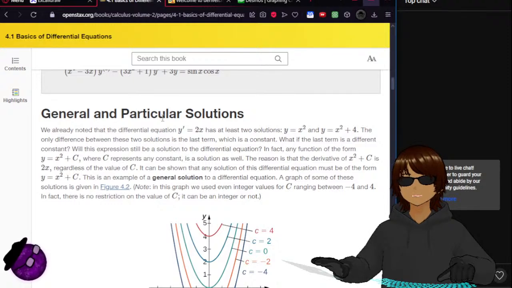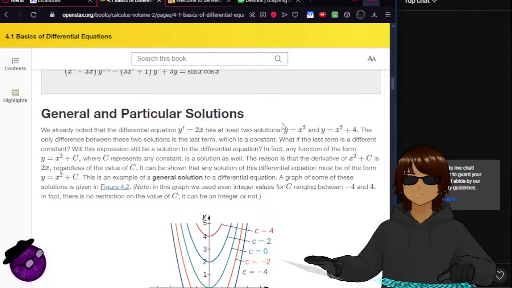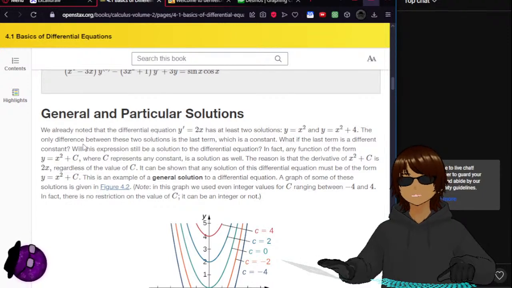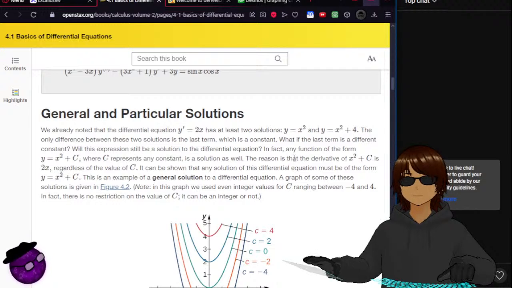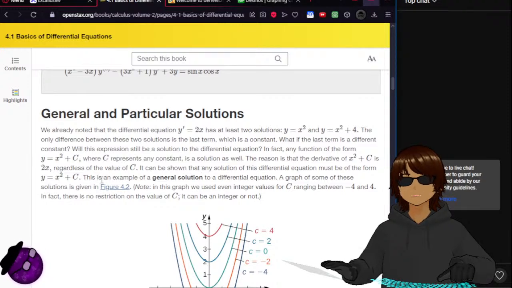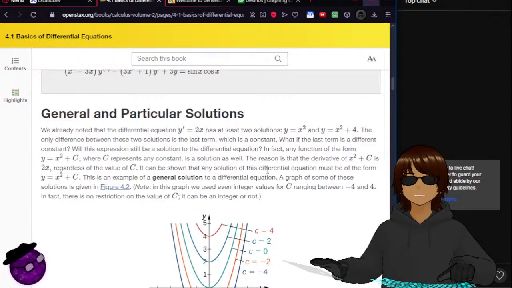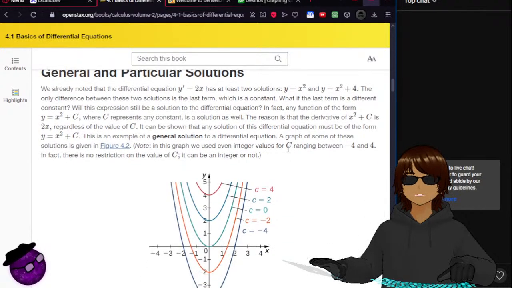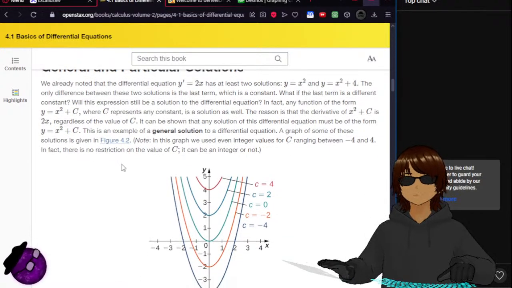General and particular solutions. We already noted that the differential equation derivative of y is equal to 2x has at least two solutions. The only difference between these two solutions is the last term, which is a constant. What if the last term is a different constant? Y is equal to x squared plus c is a general solution of the differential equation. A graph of some of these is given in figure 4.2.